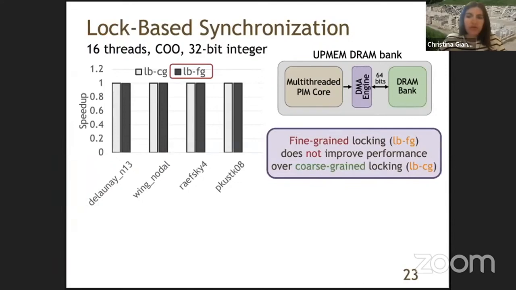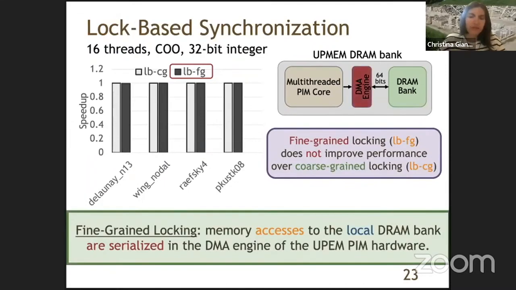This is because the DRAM accesses of multiple threads are performed as transactions in the UPMEM PIM hardware. These transactions are serialized in the DMA engine of each multi-threaded PIM core, and therefore they are performed in a serial manner. The critical sections, even though they might work on different locations in the local DRAM bank, are serialized, and as a result, the fine-grained locking approach cannot increase the parallelism.